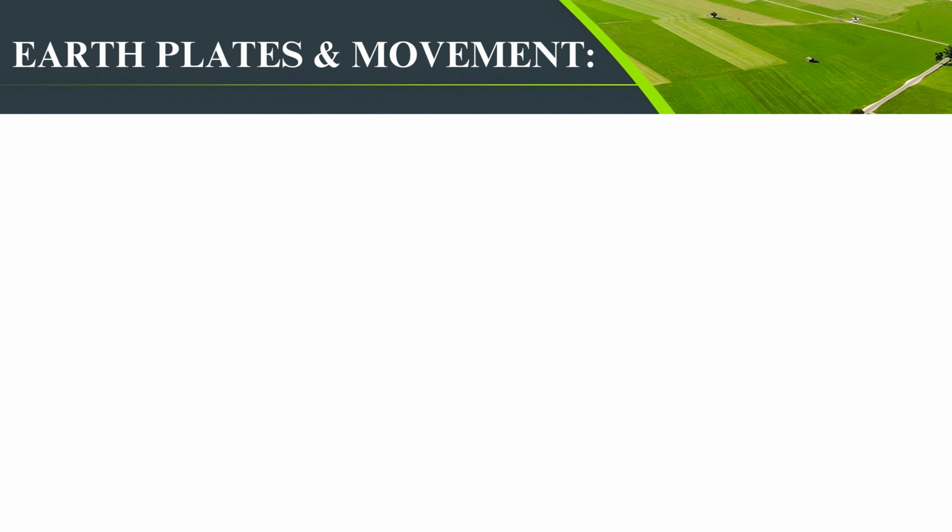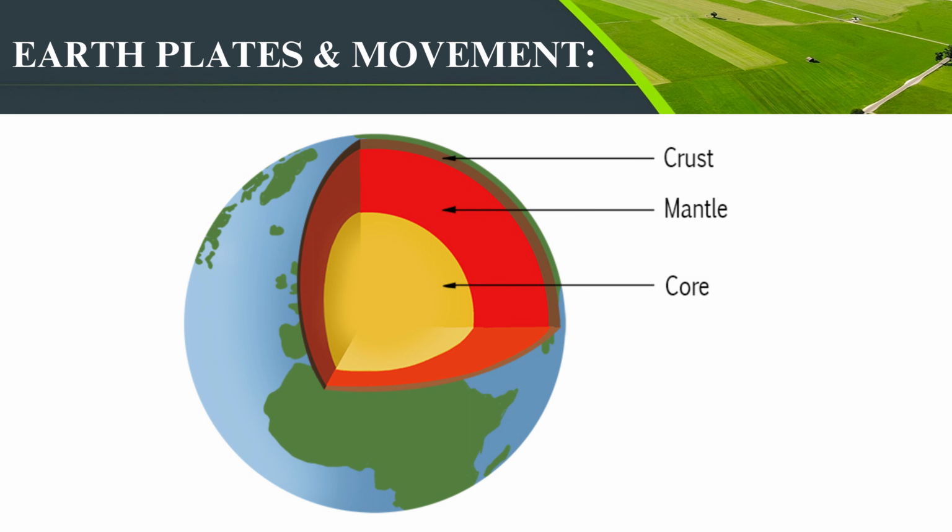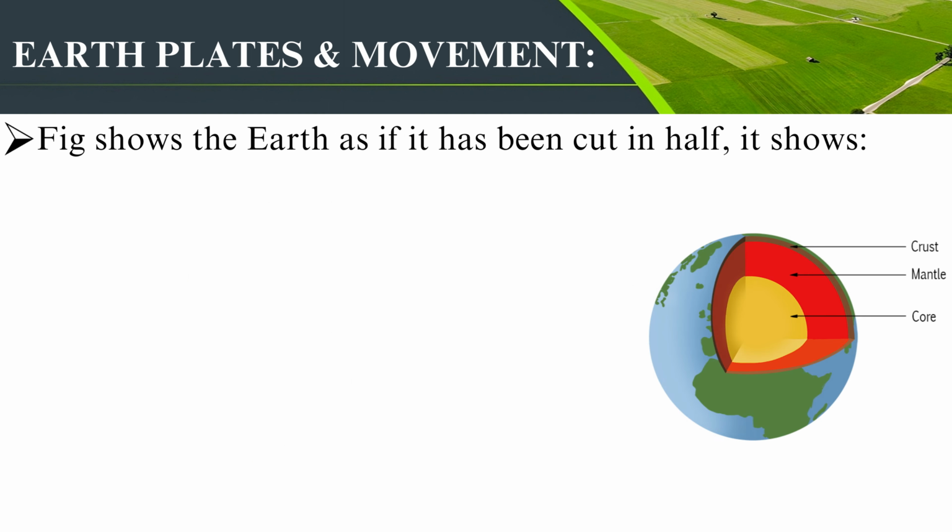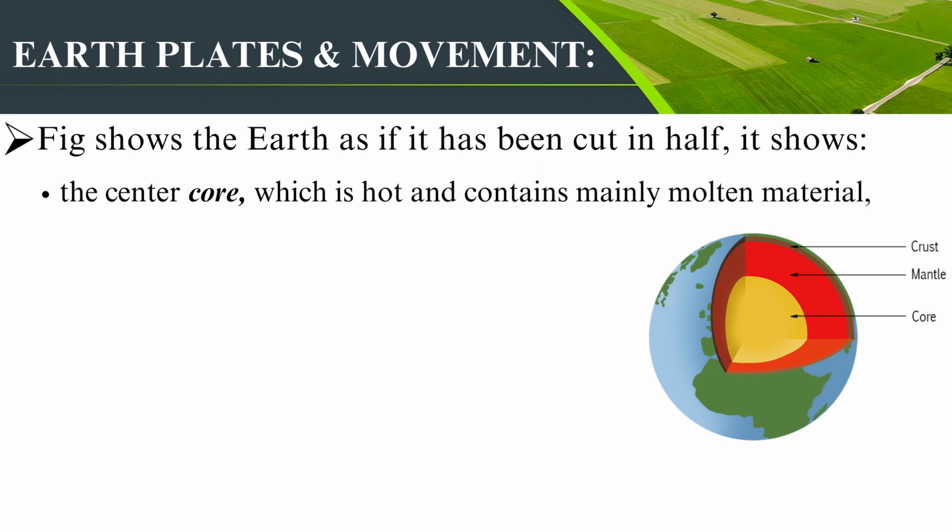Earth plates and movement. First, you will see the picture of the earth. The crust is the first layer, the second is the mantle, and then the core inside. The figure shows the earth as if it has been cut in half. It shows the center core, which is hot and contains mainly molten material.